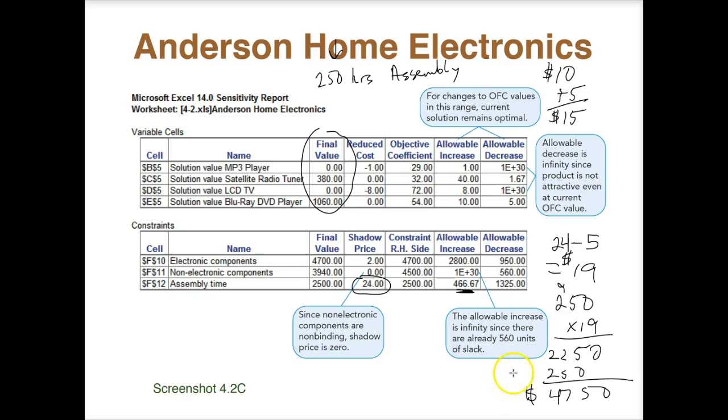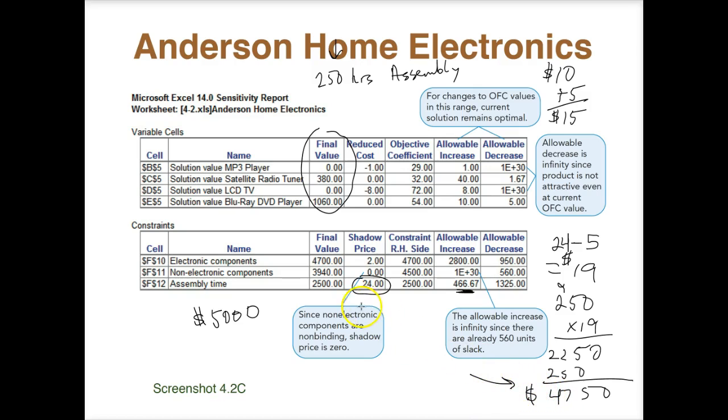Now, the only instance where you would not want to do this is if by making those changes, this doesn't meet the minimum profit amount that you would need to make in order for it to make sense for you. And so, for instance, if you're saying, if we make a change in assembly time, we need to have at least $5,000 in additional profit, then of course this is not going to cut it.